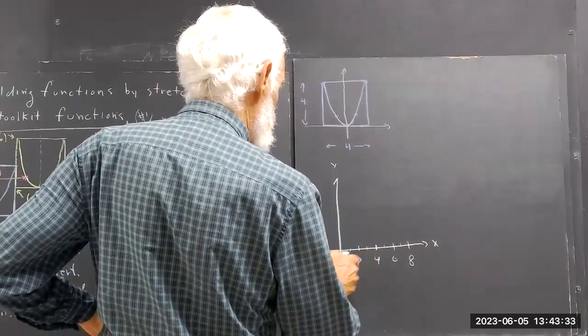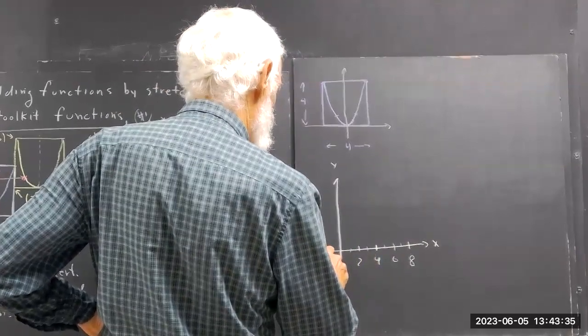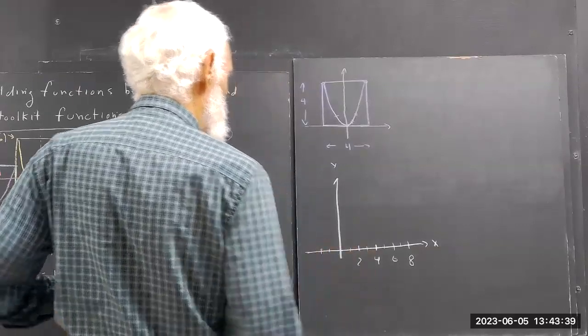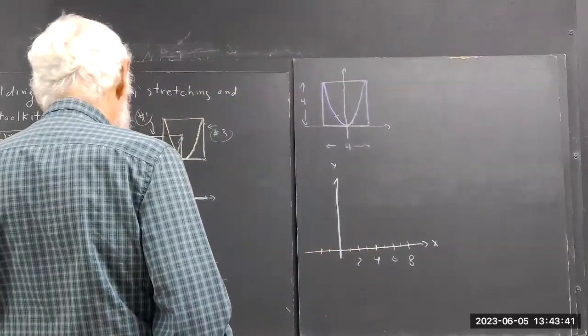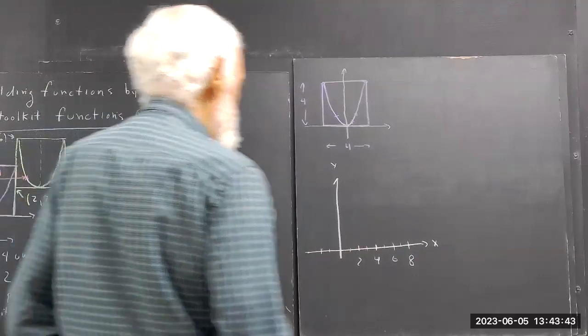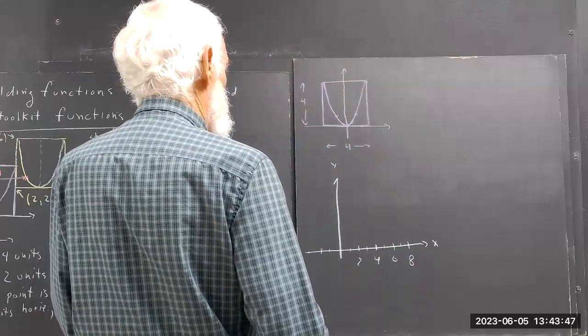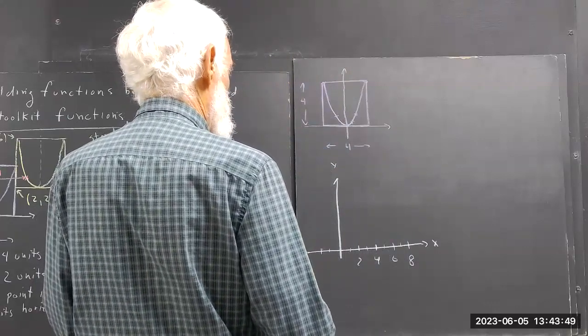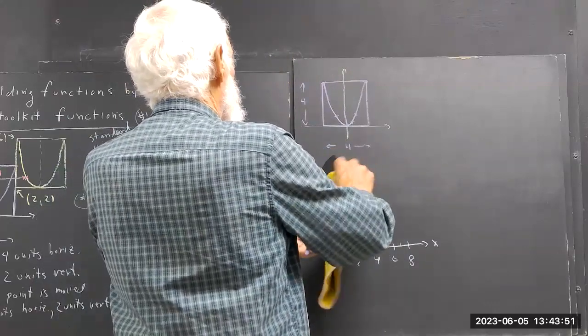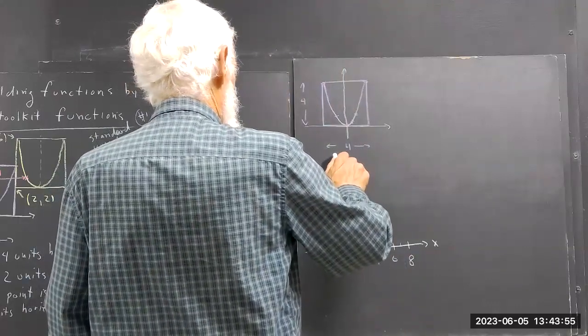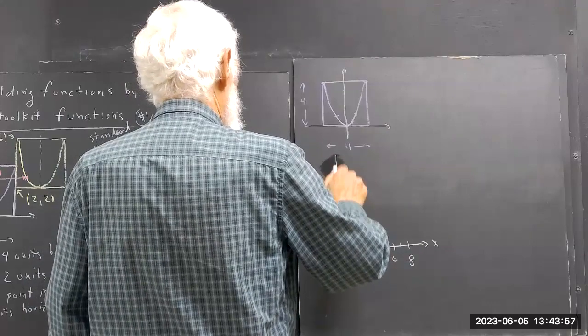And over here, of course, I want to have 2 units on this side. Now I should have made my y-axis just a little higher, so I'm going to put in that little modification.